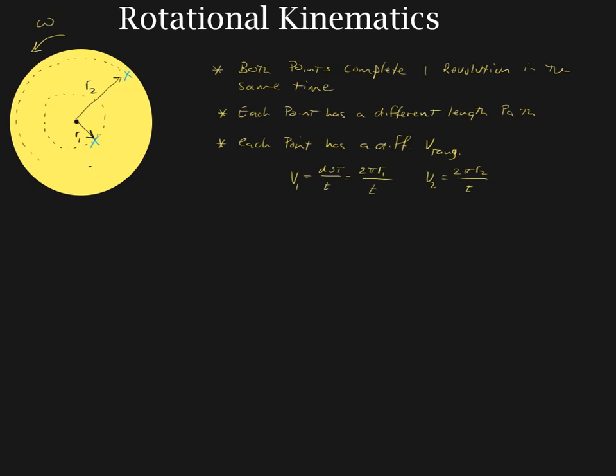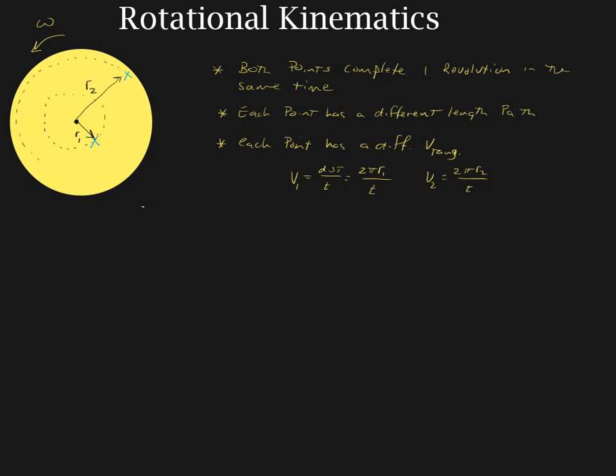So the point is that the size of the rolling object will determine what the rotational rate of the object is going to be as we see the object translating through space.